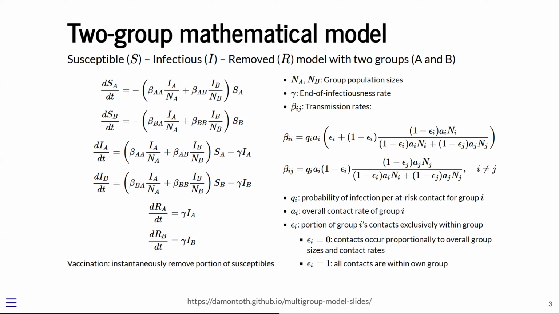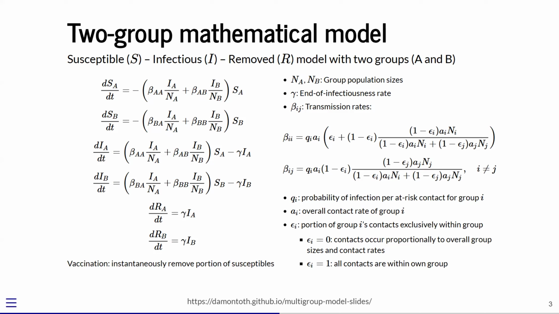So there's probably a good reason for this, but beta ij is not a function of qj. Is that right? Epsilon j is in there, but qj is not in the beta ij. Right, i is the receiver of the transmission, and so qi is the susceptibility to acquisition of the receiver, if they come into contact.